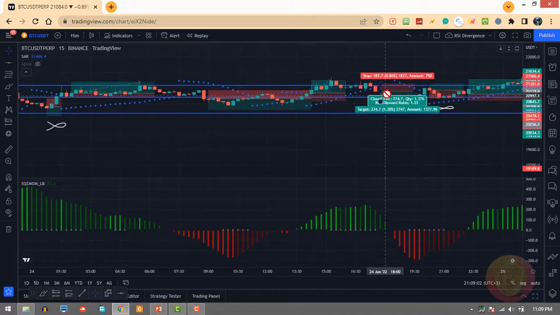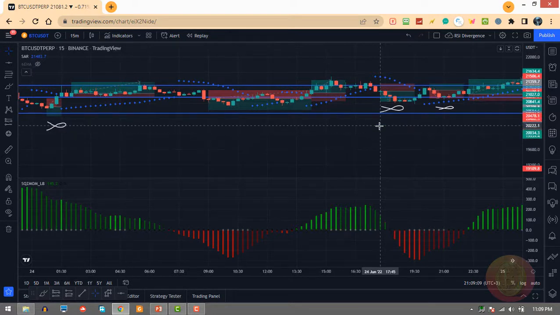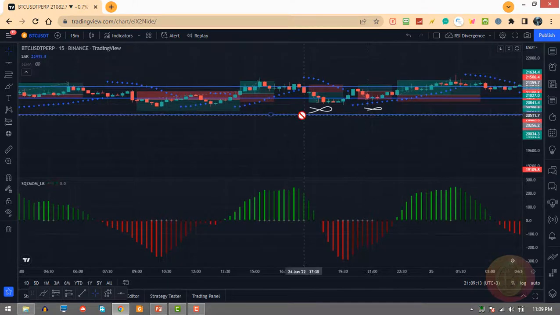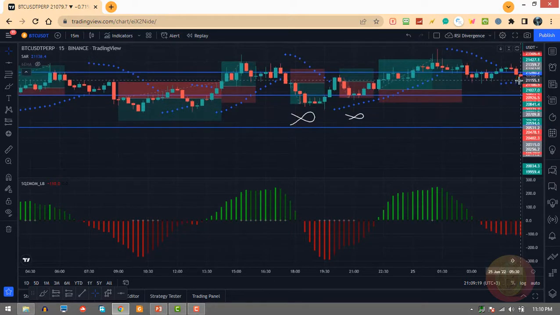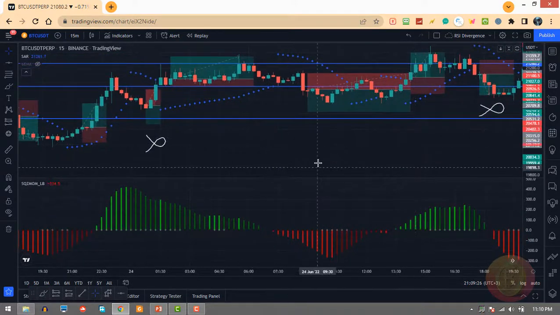Whenever there is green in the momentum indicator, you will not open any type of short signal. And similarly, whenever the momentum is red, you will not open any type of buy signal, even if it is shown by our conditions or rules. I hope it is clear to you now.